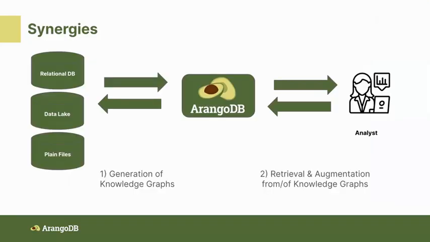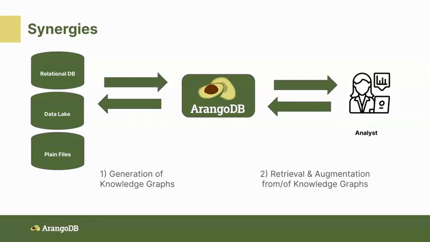Okay, so this is back to me now. We're going back to the synergies that LLMs have when playing with KGs, and we see this in two ways. Firstly, we see them assisting in the generation of these knowledge graphs by parsing and understanding large data sets from data lakes or plain files into meaningful relationships and entities. This makes the creation process more efficient and insightful. So that's step 1, using LLMs to write KGs.